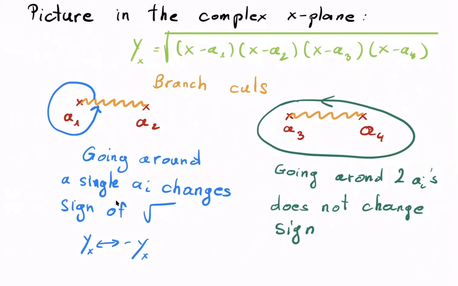Note that I chose them here to be between a1 and a2 and a3 and a4. That is convention. It's immaterial in the end. I could have also chosen them between a1 and a3 and a2 and a4. The picture would be the same. I just have to choose them somehow, in such a way that there's one branch cut that starts or ends on each AI.